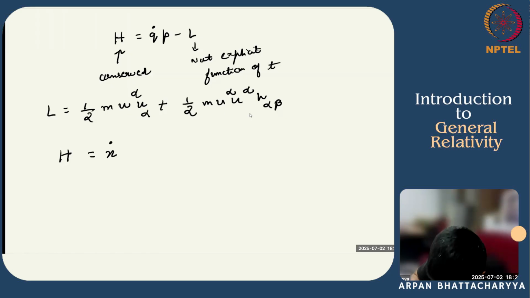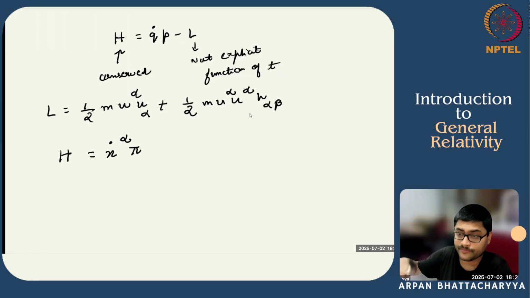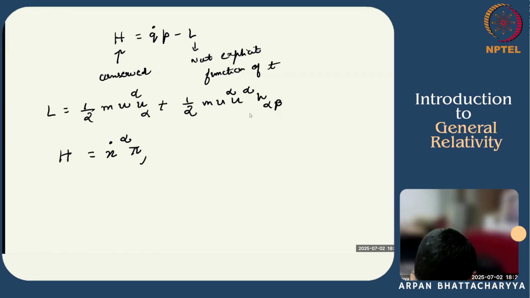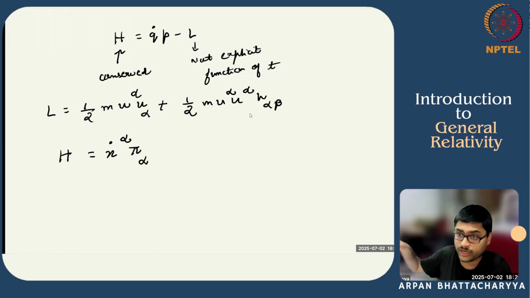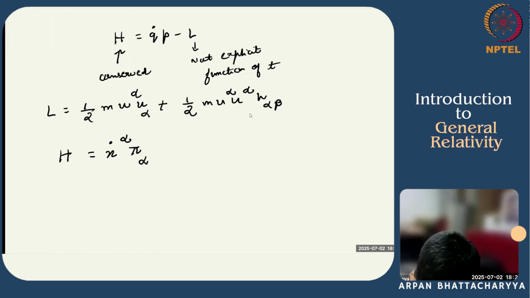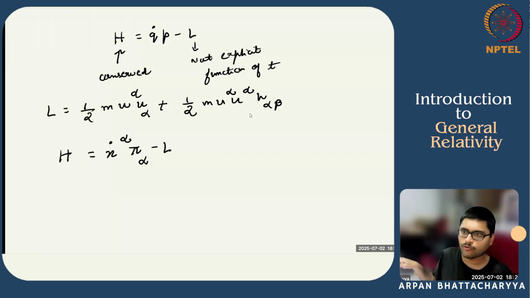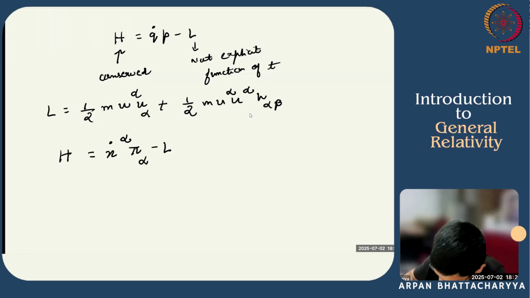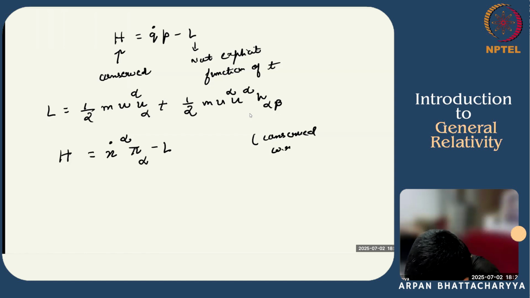So x dot alpha and pi alpha is the canonical momentum. Again, we have derived the expression for it in the previous lecture. And x dot is basically dx alpha d tau. Conserved with respect to tau, proper time, right?